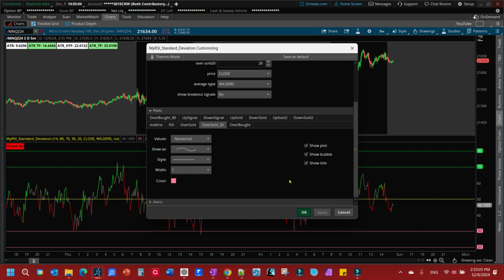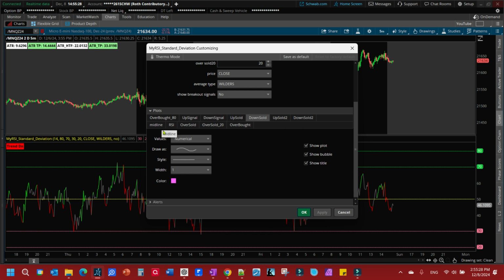And just as a note, once you get your settings, everything's customizable in here. You can customize the color of these, what shows up for the standard deviation right here, the midline right here, change color, thickness, the oversold, overbought, all that stuff is customizable.